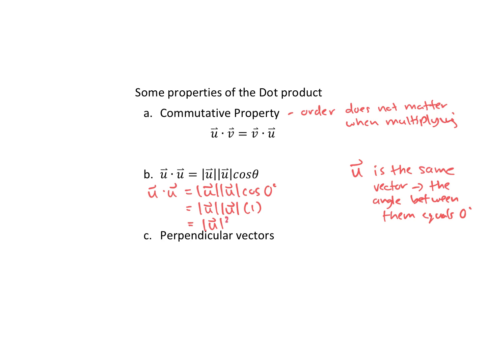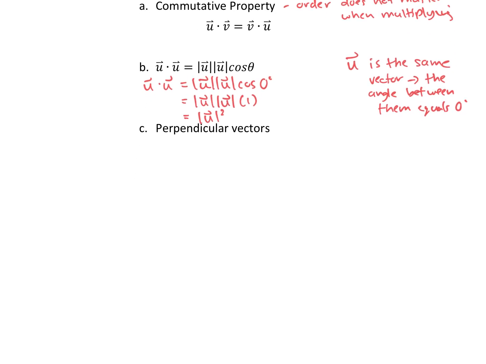And then the third property, this one's quite important because we'll use it later. What if they are perpendicular vectors? If they are perpendicular, then the angle between them is 90. So u dot v equals the magnitude of u times the magnitude of v times cosine of 90.